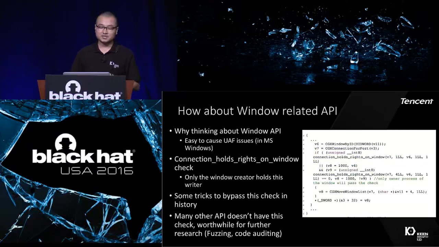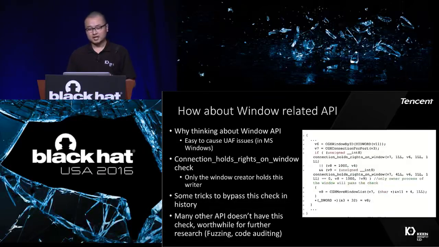And also, we may need to think about some window-related APIs, because on Microsoft Windows, we actually have a lot of UAF issues relating to windows. For example, you can set up a callback to free a window, and after that, it is used again. Maybe on OS X there are similar bugs. But when we performed the code audit, we found that many of them have some check like connection holds right on window check.